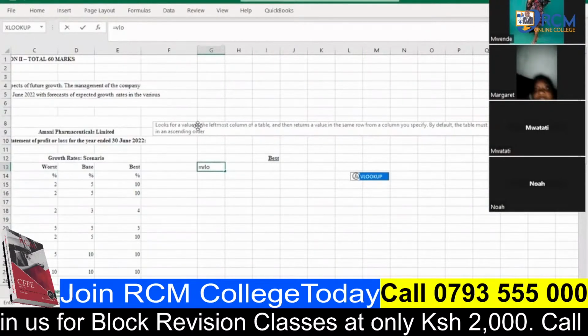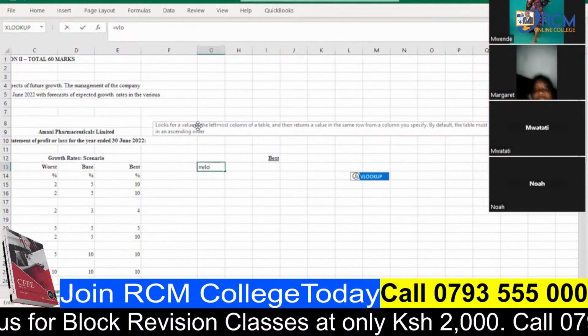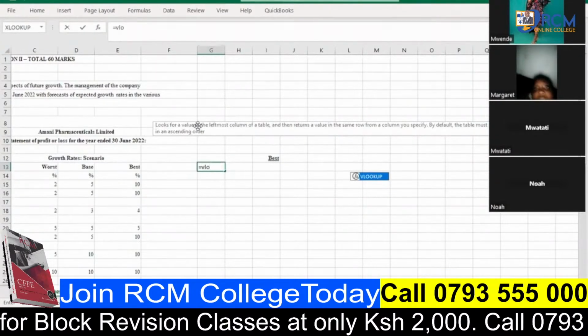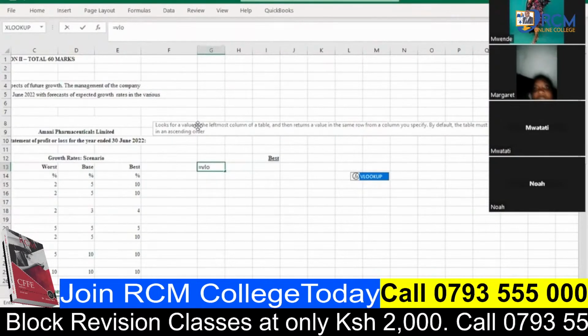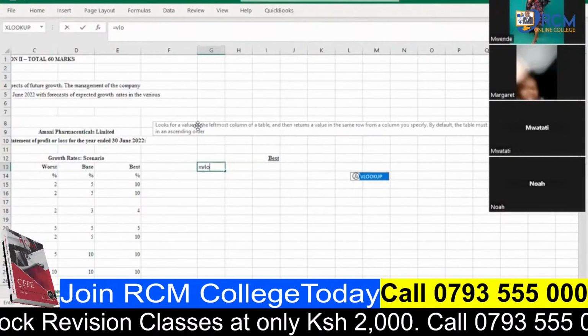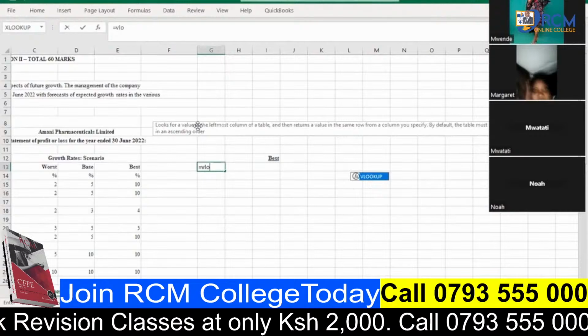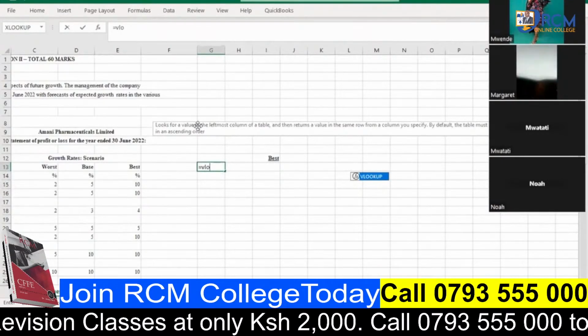So an array formula or function is a formula that can perform multiple calculations on one or more items in an array. You can think of an array as a row or a column of values, or a combination of rows and columns of values.